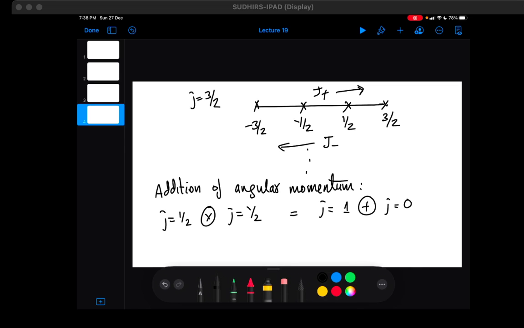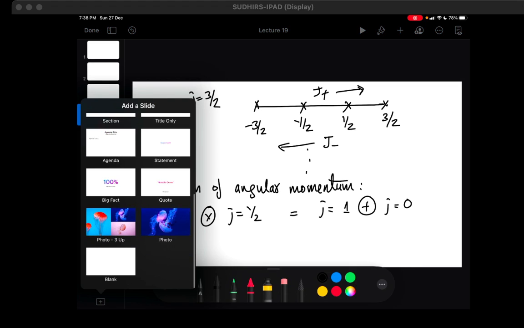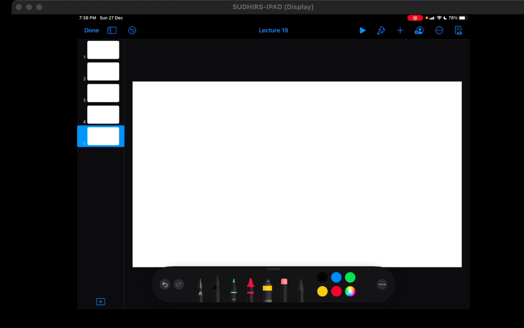So this is precisely what we can see graphically also. So in the graphical picture, if you have j is equal to minus half plus half, now this into minus half plus half. Now the way you do it is you take, say for example, this is a particle A with spin half, particle B with spin half.